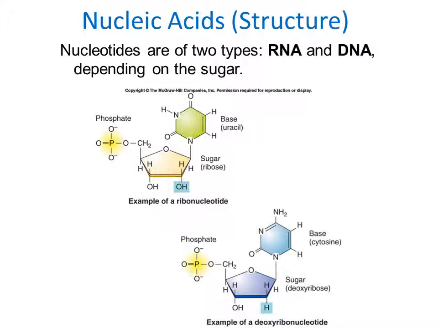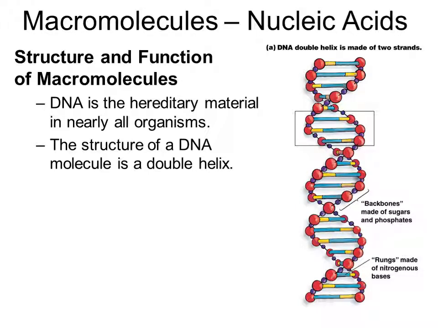So the ribonucleotides are what we find in RNA, whereas the deoxyribonucleotides are what you'll see with DNA. So DNA, we know, is what ultimately is necessary for the storage of all of our genetic material. It's our hereditary material, and the structure of DNA is made up of a double helix.